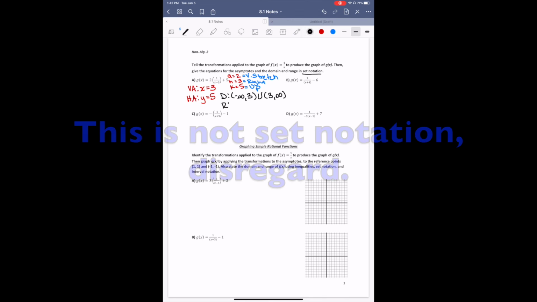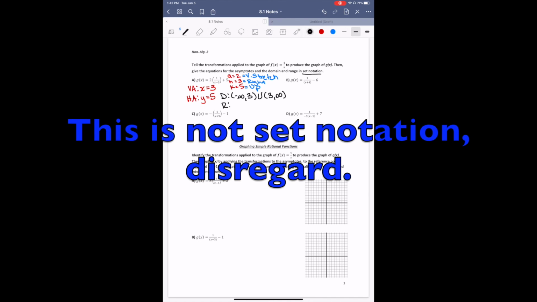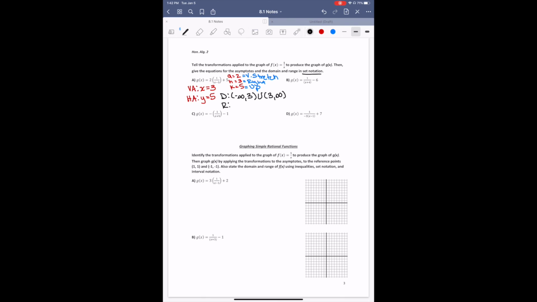Same thing for the range. In this case, our horizontal asymptote is located at y equals 5. So our range goes from negative infinity to positive 5 and from 5 to positive infinity.